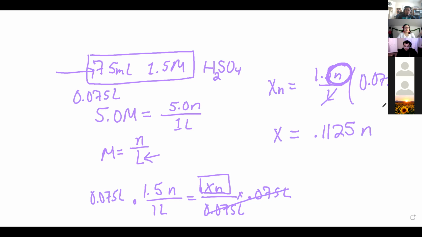Okay, so now we have how many moles we would need to have a 1.5 molar solution in a quantity of 75 milliliters. Yes? And now we want to know how many liters of water we would need to add to this 5 molar solution so that we make it this many moles in however many liters we need.